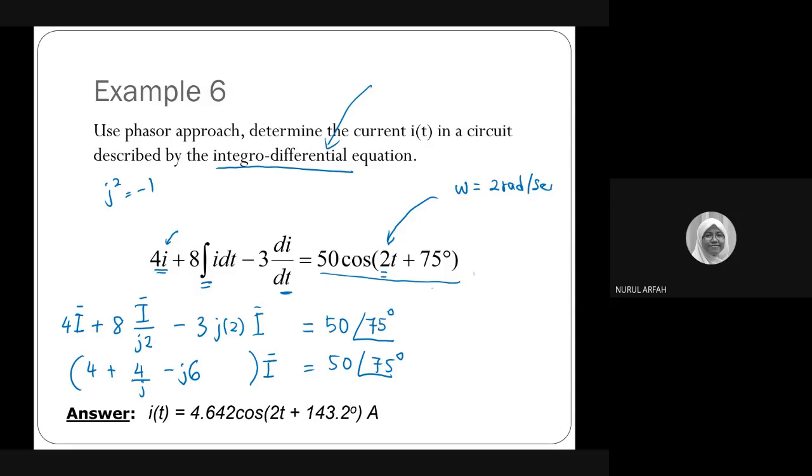But can we substitute this? Negative j square equals plus 1.